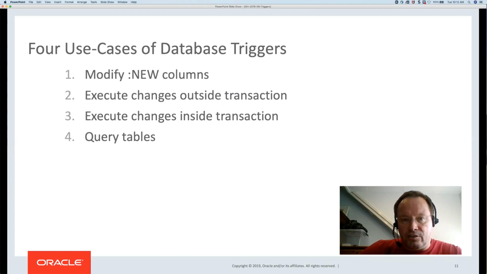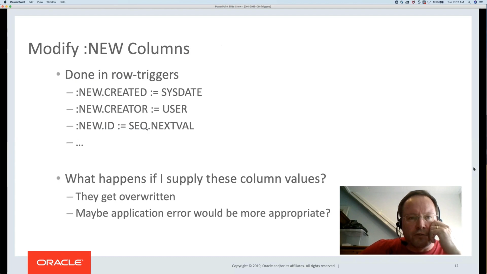Or three, execute changes inside the transaction, and I think this is what the person talking before me, Jacek, was just talking about, where one insert triggers an insert trigger which does more, triggering even more triggers. And a fourth use case was always querying tables.